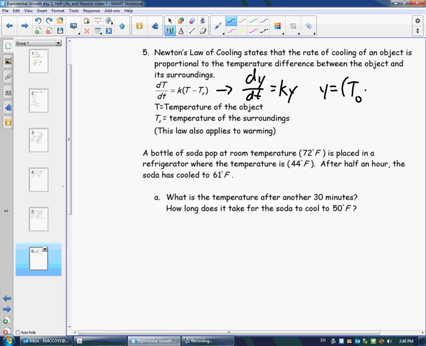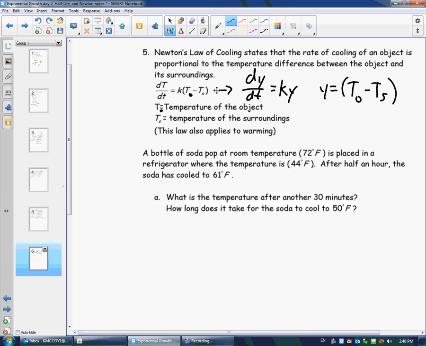I always put the temperature of the object as T sub O. I know they don't have the O on here, but I like to put it there because it tells me that's the temperature of the object. The temperature of the surroundings is whatever you're placing the object into. Think of putting a turkey into an oven. Obviously that's heating, not cooling, but it's the same basic idea.